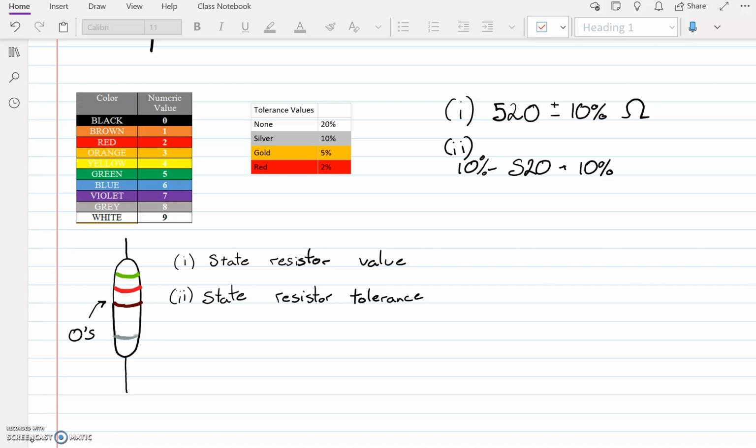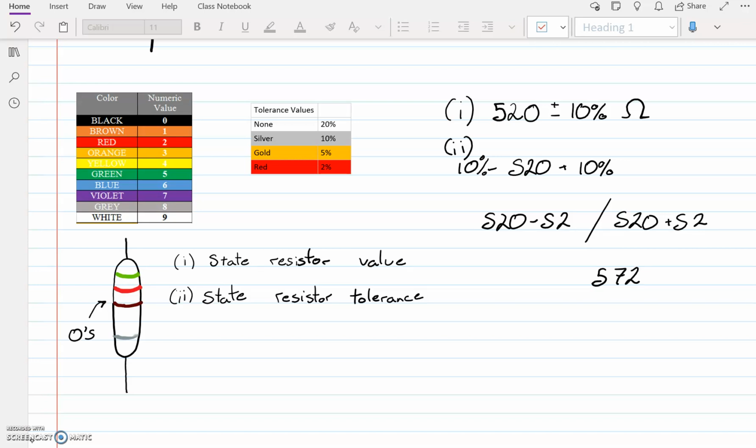Okay, so 520, 10% of 520 is 52. Okay, I don't think I need to show you how to do that. So the lowest value then is going to be 520 minus 52, and the highest then will be 520 plus 52. So 520 plus 52 is 572.